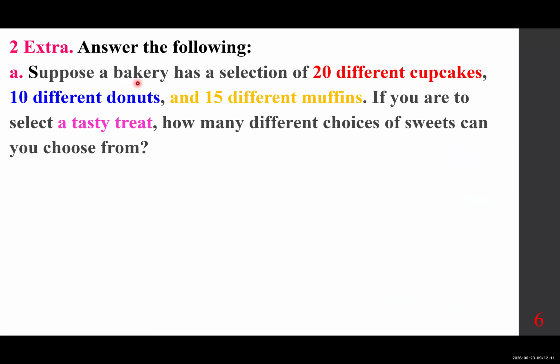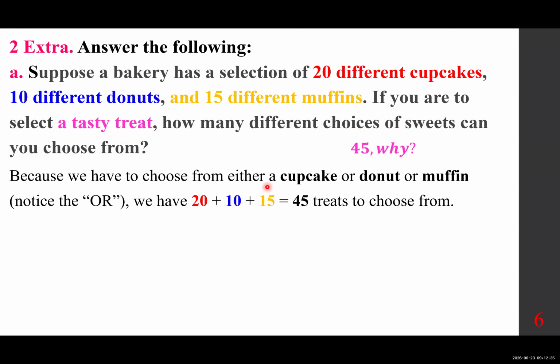Suppose a bakery has a selection of 20 different cupcakes, 10 donuts, 15 muffins. If you are selecting a tasty treat, how many different choices of sweets can you choose? This is an extra example, so I want to look at 45. Why is that?